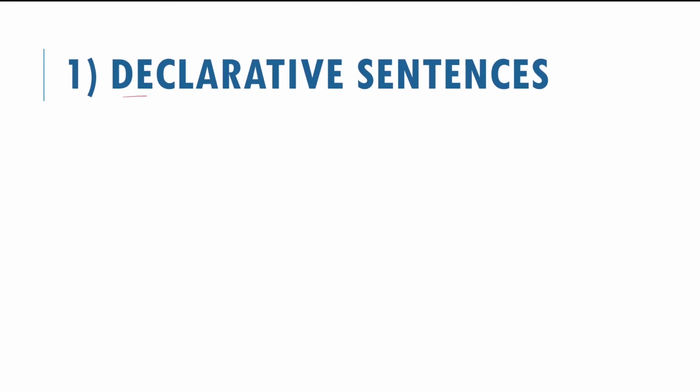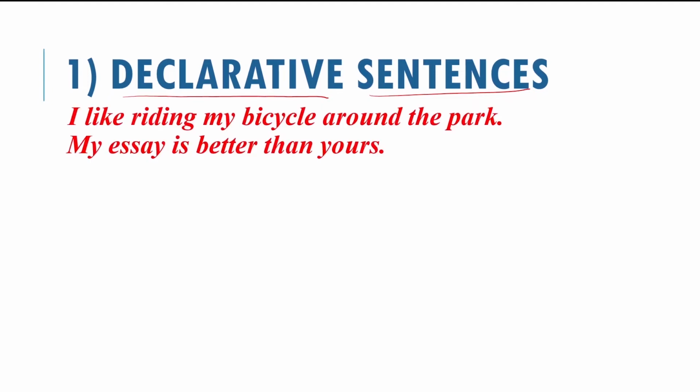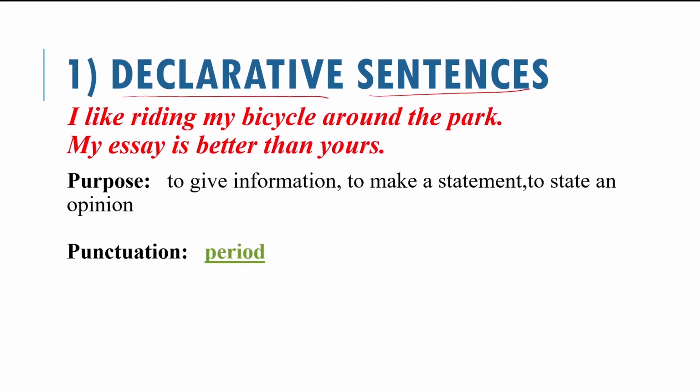First type of sentence which we are going to discuss is declarative sentences. It is the most common type of sentence. Look at these examples. I like riding my bicycle around the park. My essay is better than yours. Purpose of such sentences is to give information, to make a statement, or to state an opinion.